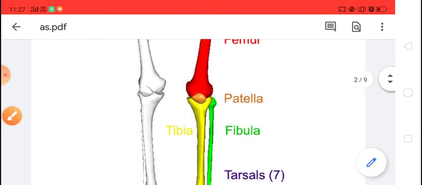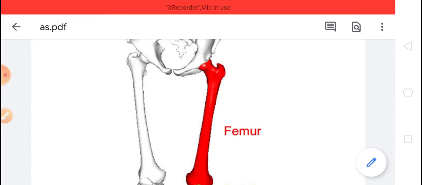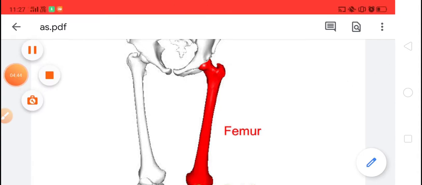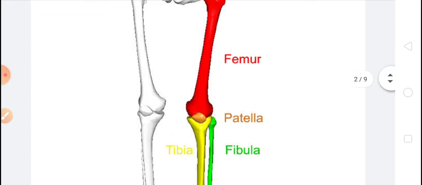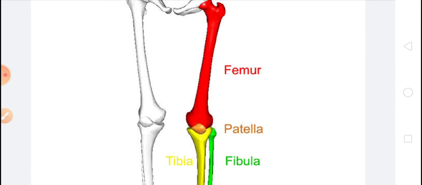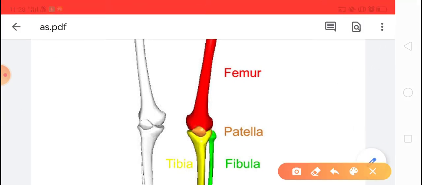Children, our hind limbs or legs contain three long bones. The upper bone is called the thigh bone or femur.